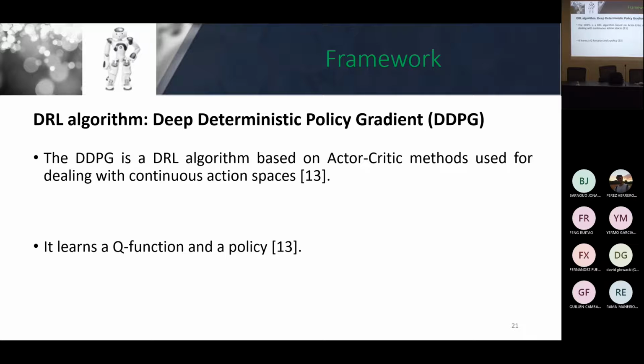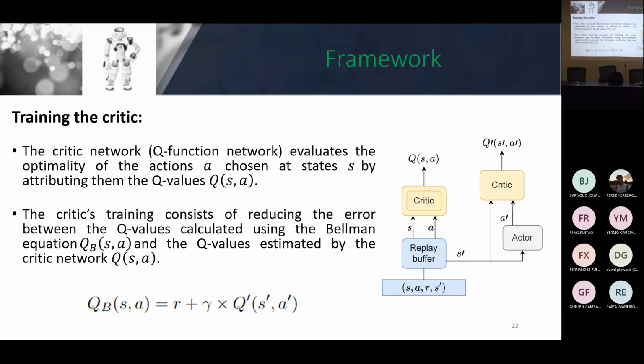I use DDPG, the Deep Deterministic Policy Gradient actor-critic algorithm. It's mainly a DRL algorithm with two networks, the actor and the critic. The actor learns the policy, giving actions for a given state, and the role of the critic is to criticize the action given by the actor by attributing Q values to it, in order to evaluate how well the actor performed.